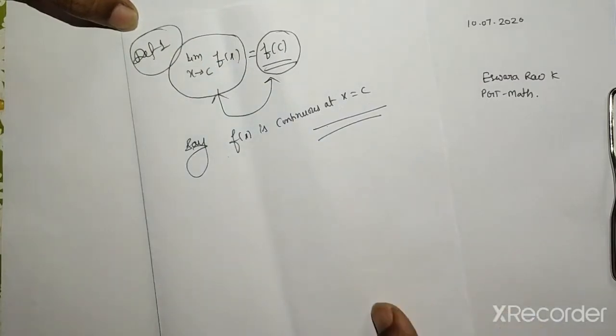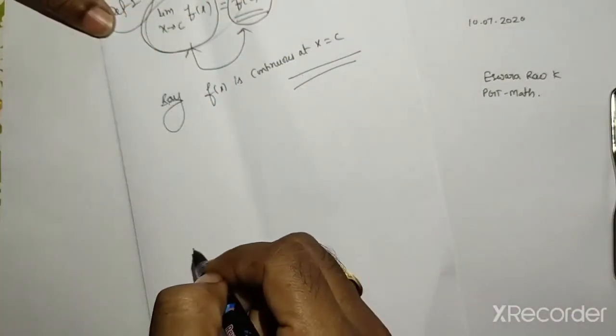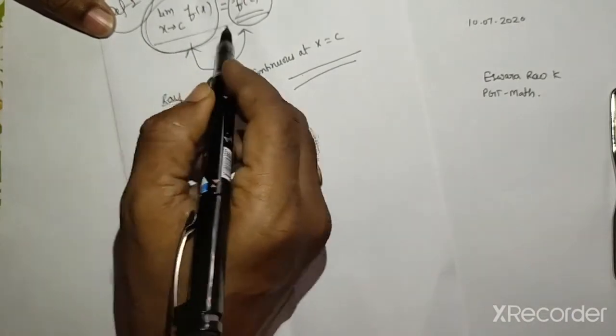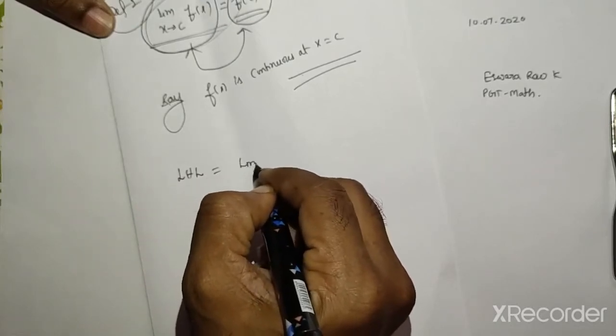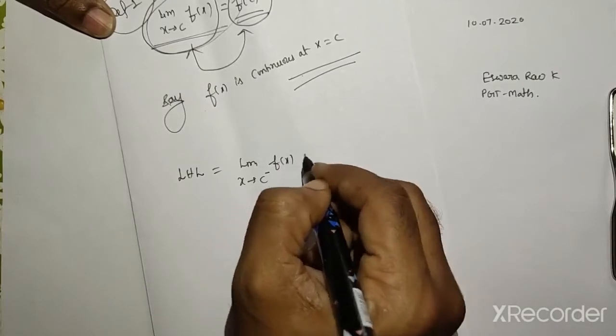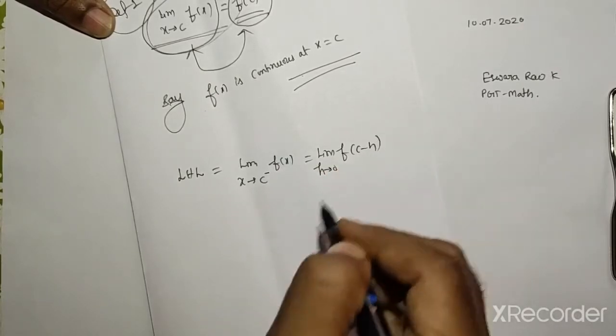So one more definition is there. Sometimes we cannot directly find out the limit. At that time, I may need to use the left hand limit and right hand limit concept. What is left hand limit? It is limit x tends to c minus f of x, which is nothing but limit h tends to 0 f of c minus h.